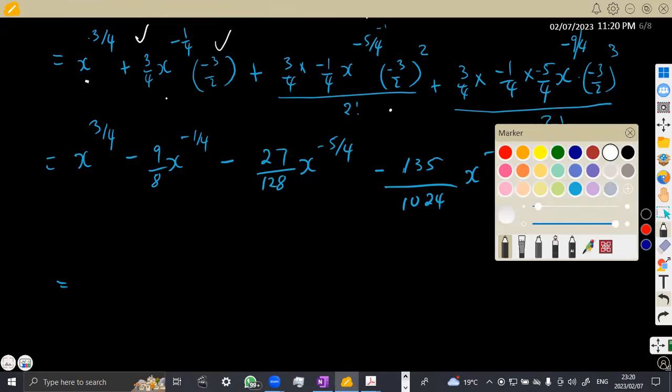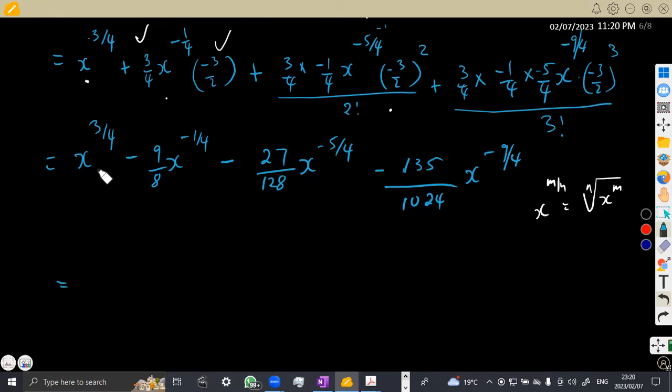So here it's supposed to be the 4th root of x to the exponent of 3. To remove the negative, it's 1 over, so it's 8 times x to the exponent of 1 over 4, which is the fourth root of x.